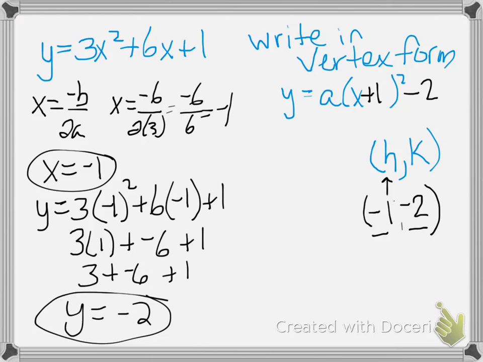Oh, and then I know that my 3 is right there. So if I had to describe it, it gets narrower. The vertex is -1, -2. Okay, so it slid left 1 and down 2.